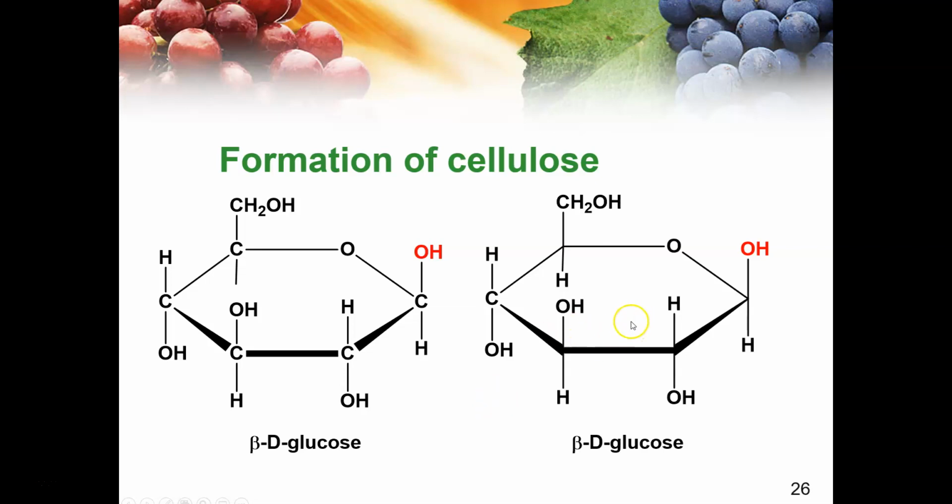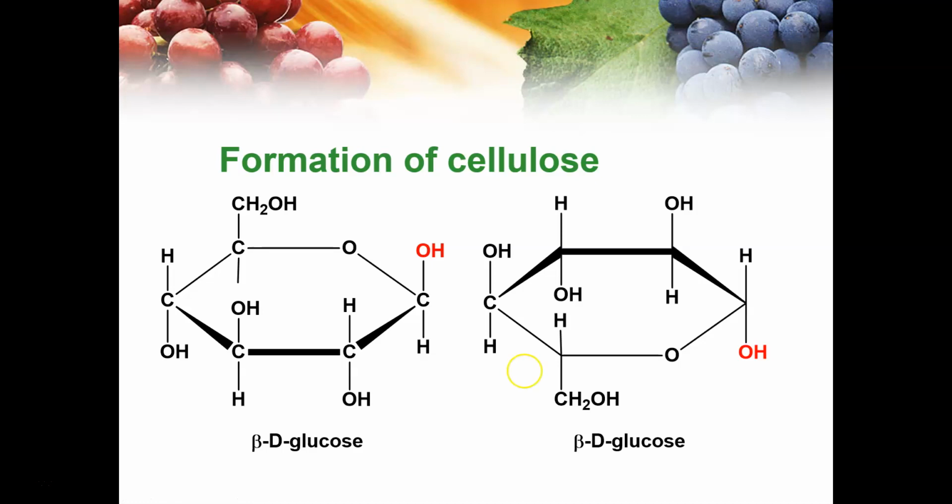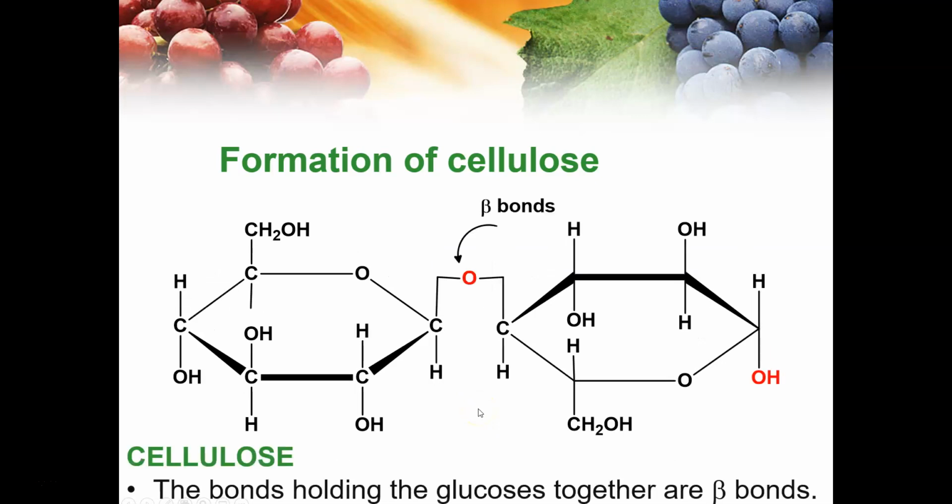So I'm going to take this glucose and I'm going to turn it upside down. So if I turn it upside down, now the OHs are next to each other, and then I can do a reaction just like I showed you before. And now I have a bond between the two glucoses. So this is a beta bond because I started out with glucose that was in the beta conformation. And the way that this works is that you have one glucose sort of right side up and another one upside down.